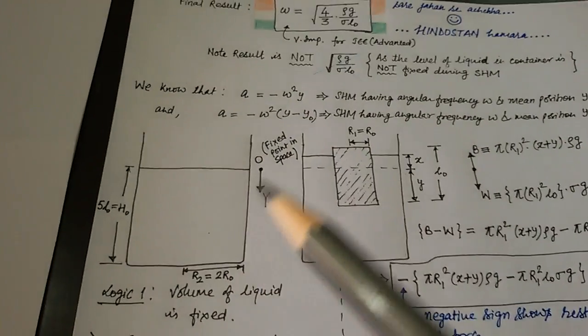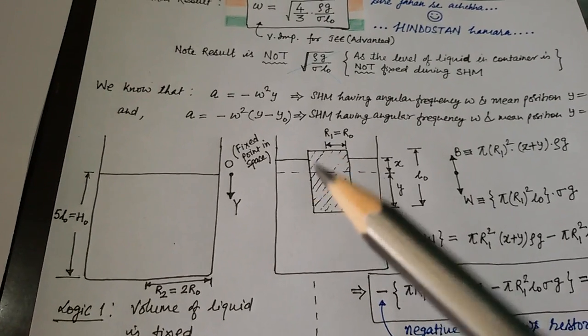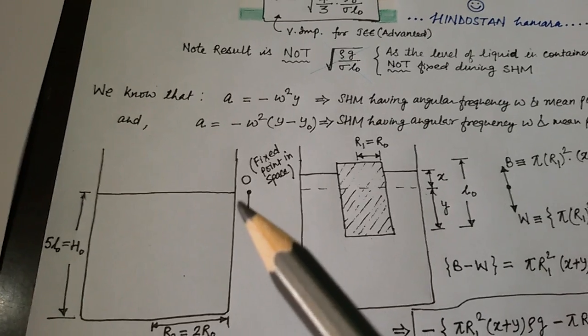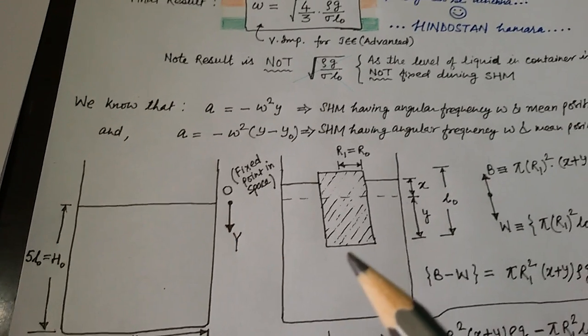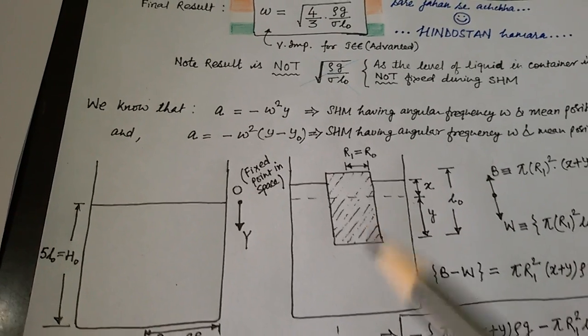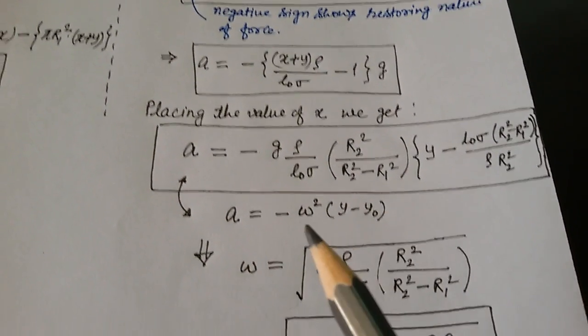Look, the liquid surface is moving, the block is moving, everything is moving, that is okay. We have taken our origin here, this is the fixed point, and with respect to this fixed point, we are watching this particle. So this particle is performing SHM, that means this complete block is performing SHM, whose equation is given by this.